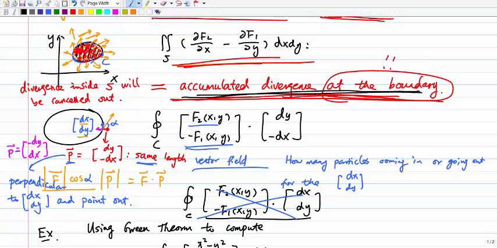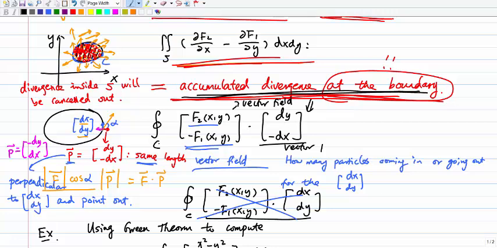That's why the accumulated divergence at the boundary is calculated by this: the line integral of the vector field f2 xy, negative f1 xy, times dy, negative dx. That's the vector perpendicular to my dx dy, and it points out.